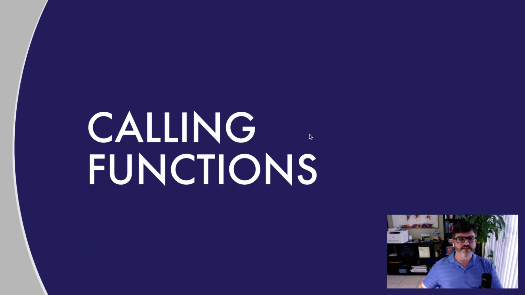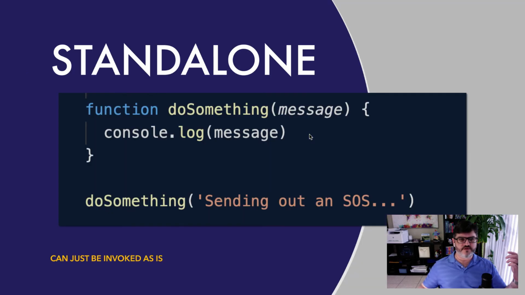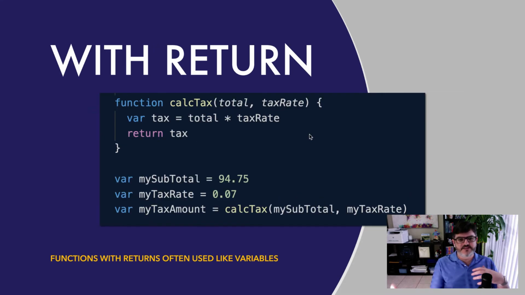Okay. So basically, just to recap, when we call functions, right? If it's a standalone function, meaning it doesn't return something, we can just call it with its name and pass optional arguments or parameters to it. If it has a return, then usually when we call the function, we set that return variable to a variable name, right?